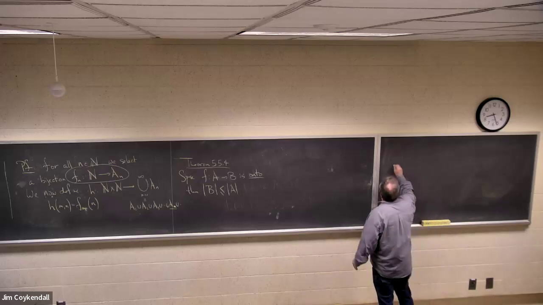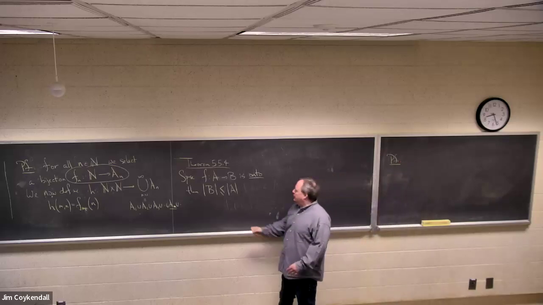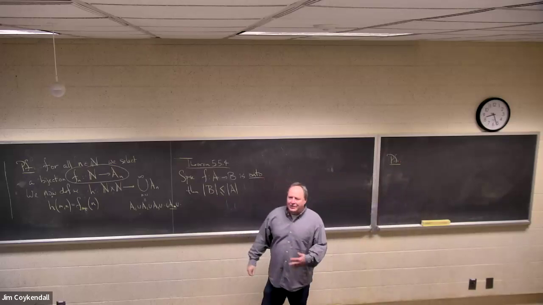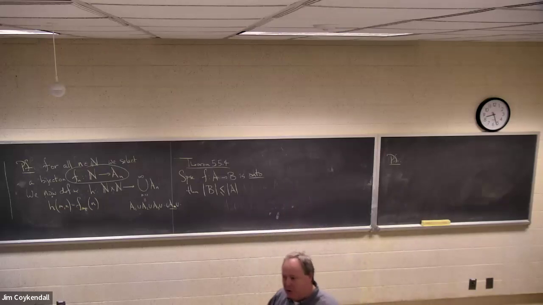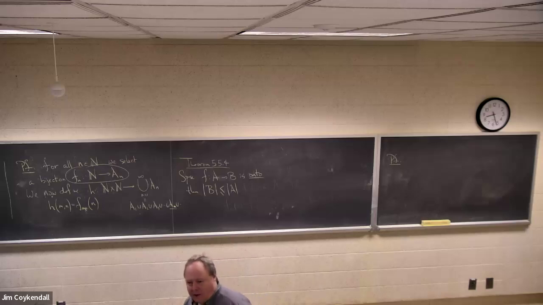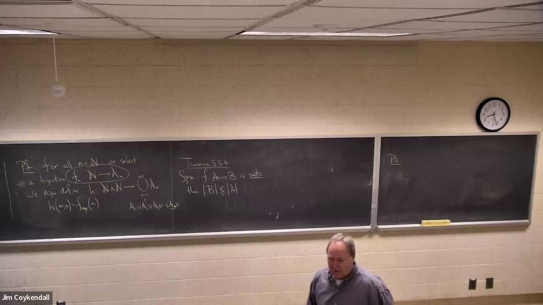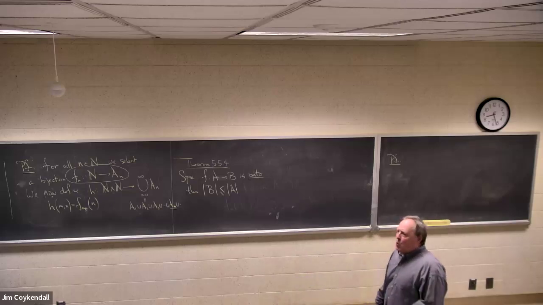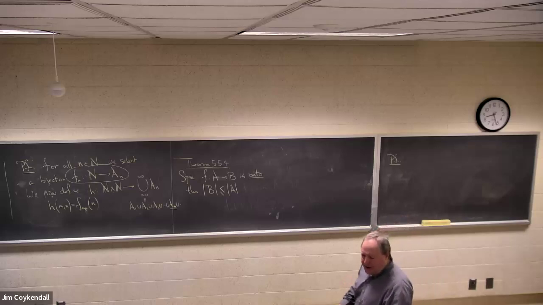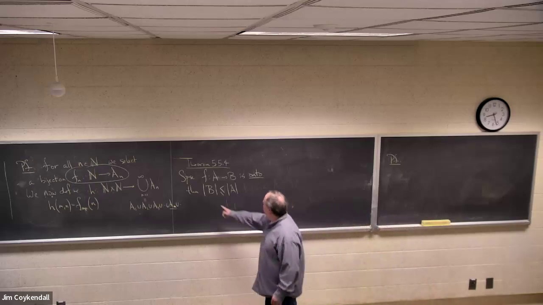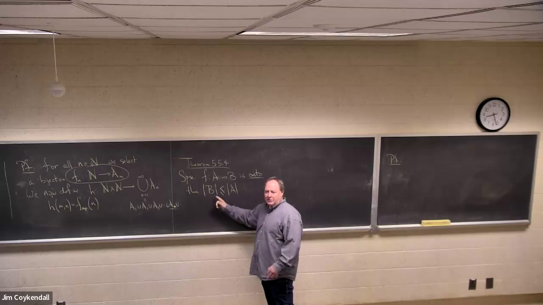What does this mean? Our conclusion is that the cardinality of B is less than or equal to the cardinality of A. So what do we have to do to demonstrate that? What does cardinality of B less than or equal to cardinality of A mean in its most basic form? What is the very definition? If I were to try to show that this is less than or equal to this, what do I need to show?